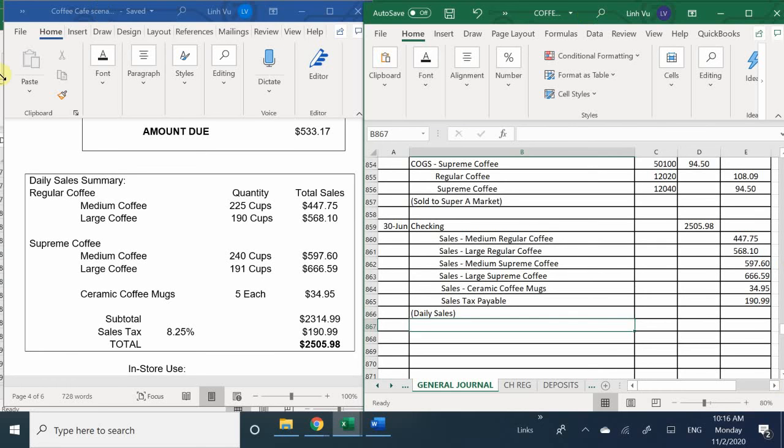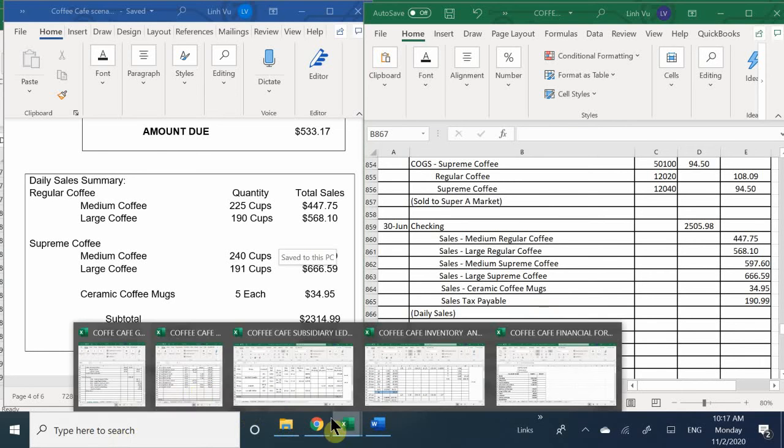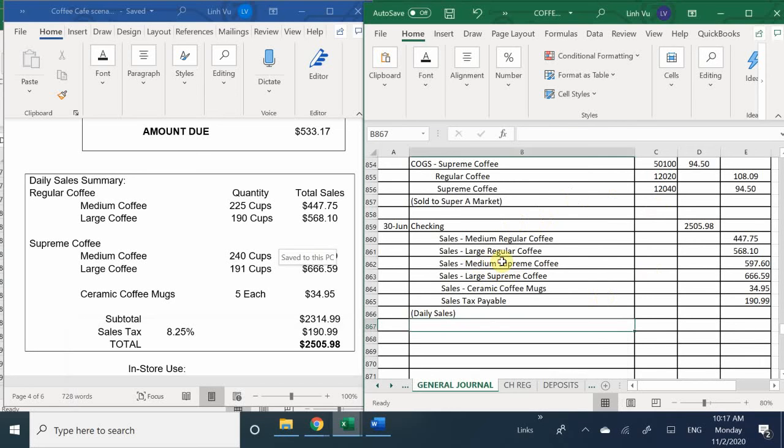All right. So now that we have all of these, where do we need to go next? To our ledger. Ledger. Good. Well, first, before we do that, what are my account numbers?